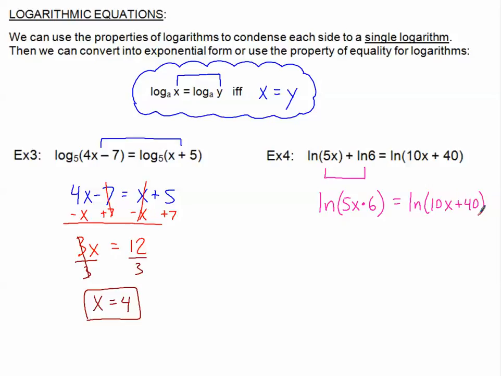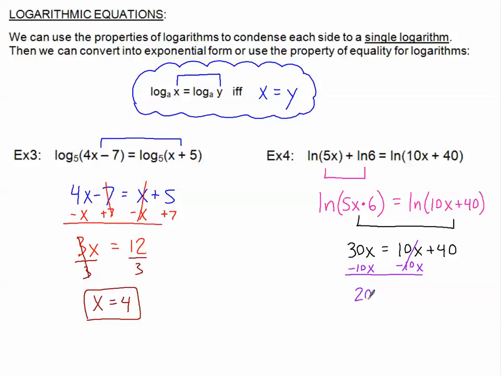And then we have a single logarithm equal to a single logarithm. And then I can use my property of equality. I know that this and this must be the same. I know I'm dealing with the same bases. I don't see them, but I know that they are base e, because I'm dealing with a natural log. 5x times 6, of course, is 30x. And here's my 10x plus 40. Solving for x, looks like I'll probably subtract 10x and bring that over to here.